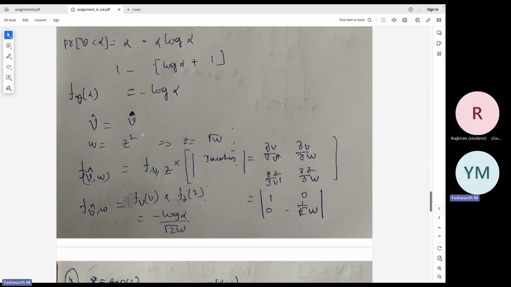Again, Z you need to differentiate with respect to W. Z is only a function of W, because Z is root W, so dZ by dW is 1 over 2 square root of W. Just take the modulus of the determinant, and you get 1 over 2 square root of W times minus log alpha. If you want to put some V, you can put it. Be mindful that alpha belongs to this argument and W corresponds to this.